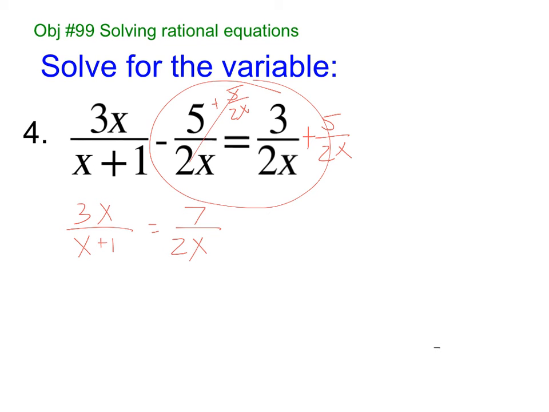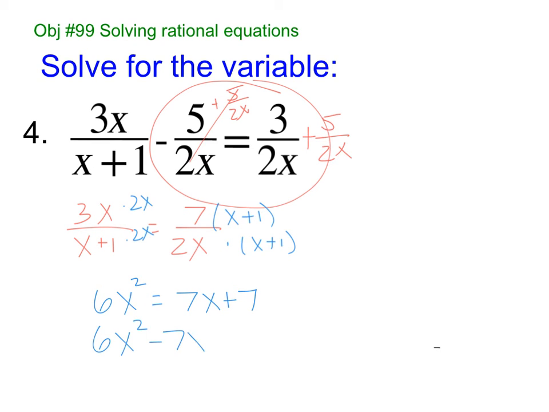So I need to multiply my left fraction times 2x, and my right fraction times x plus 1. So 6x squared equals 7x plus 7, minus 7x minus 7 equals 0.